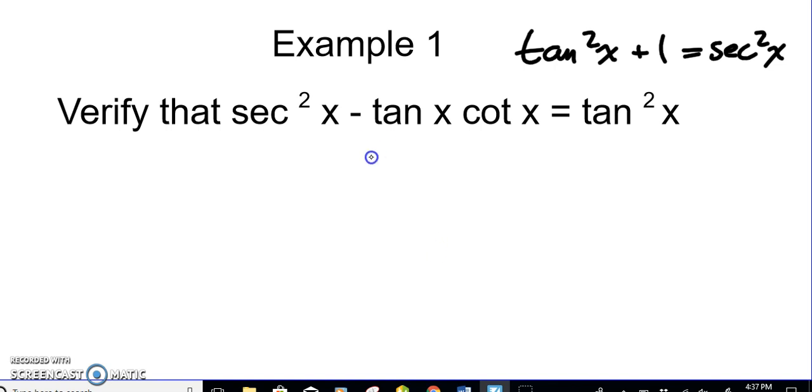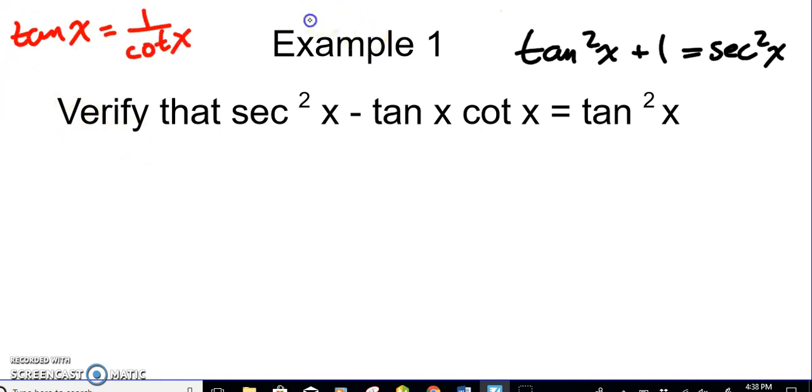Okay, so let's try that. And also, let's do some other stuff. We have tangent, we have cotangent. Can't we do something there where they have something in common so we can get something to cancel out? We have tan in here, which is 1 over cotangent.